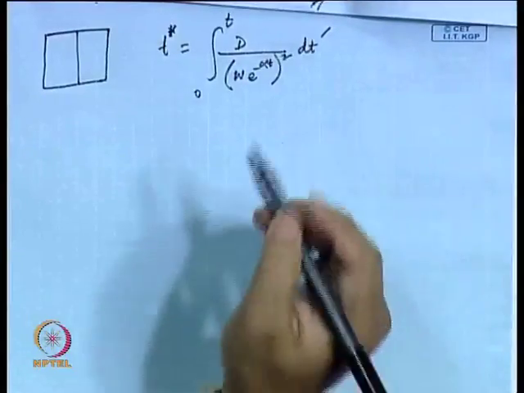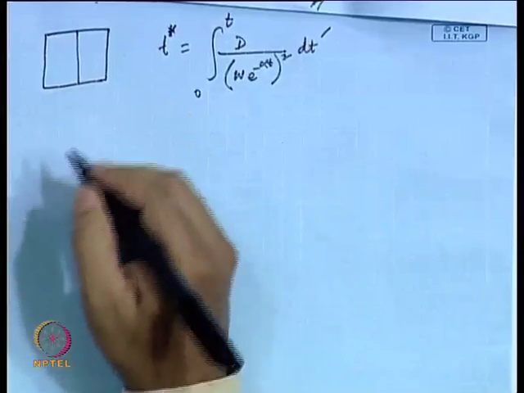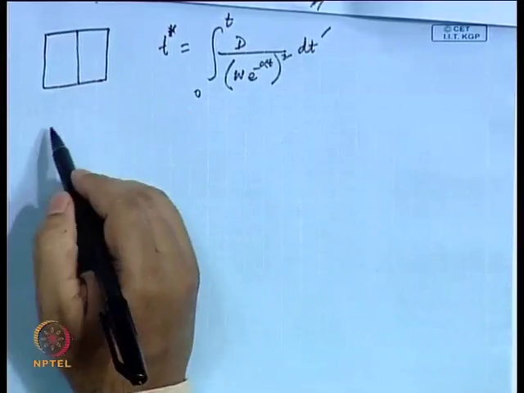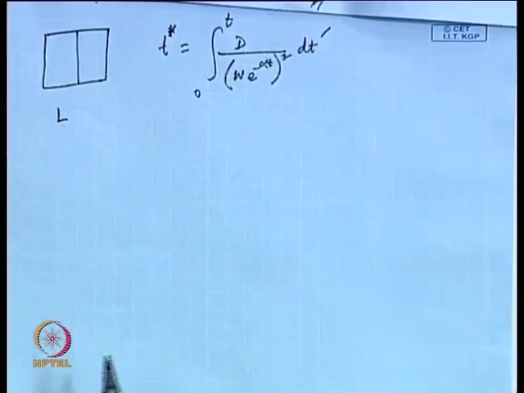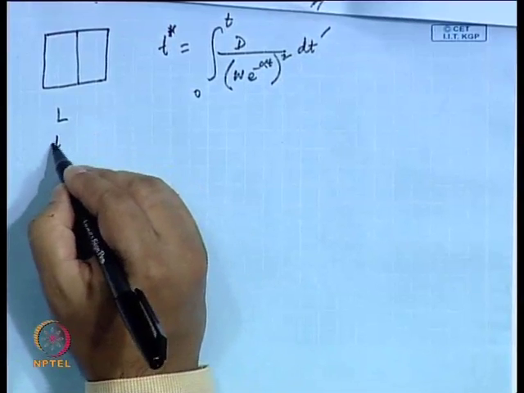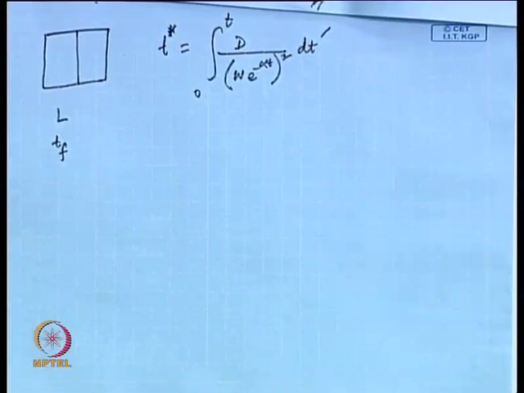What we do with this expression is, once this strip enters into the mixer, and then at the outlet you call that time to be T f. Suppose L is the length of the mixer and T f is the time that is taken, the final time.